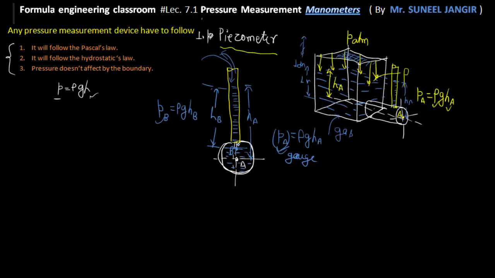So in this case also we don't have any significant height rise of fluid because there is a vacuum pressure. So you can't measure negative or vacuum pressures by the use of piezometer.